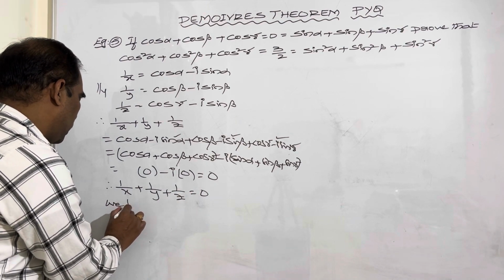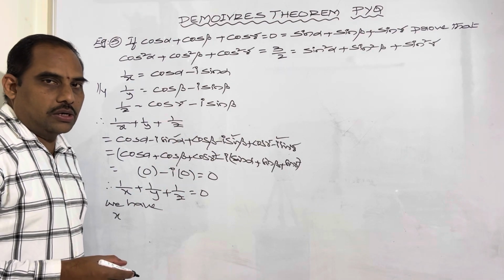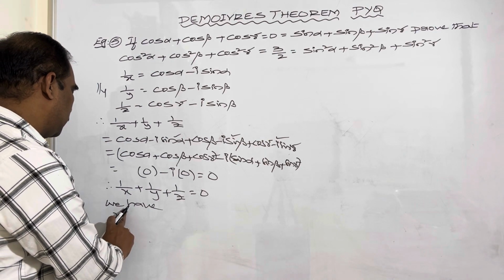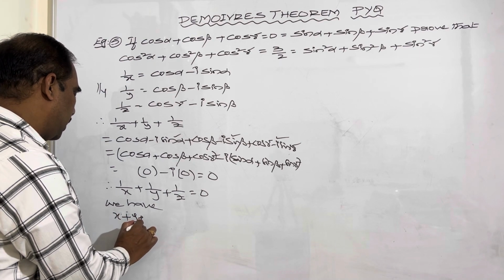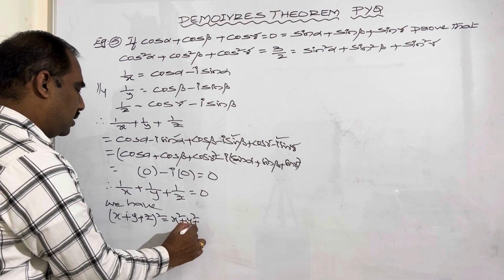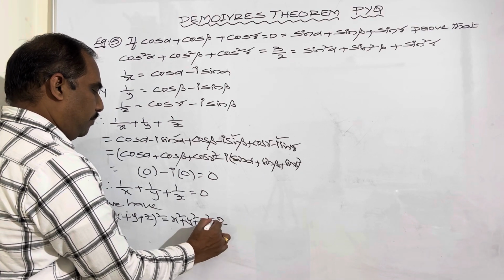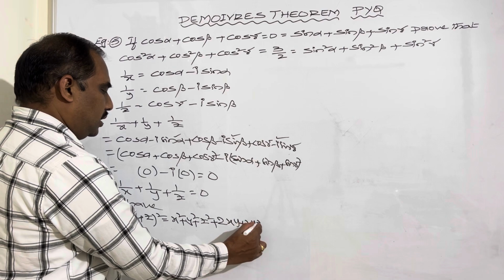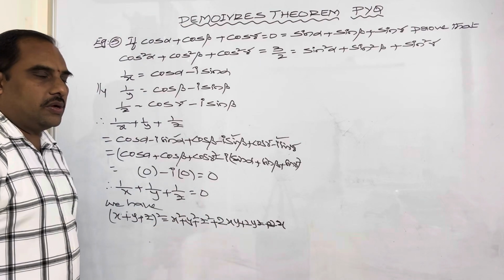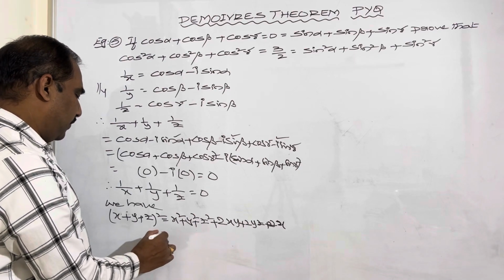So we have x square; when you square x plus y plus z whole square, we get x square plus y square plus z square plus 2xy plus 2yz plus 2zx. Here x plus y plus z is already 0.